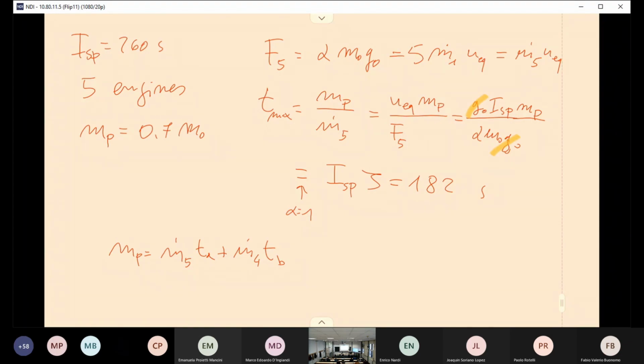And so we can easily see that, if I divide by m dot 5 here, this Tmax is equal to Ta plus 4 Tb.